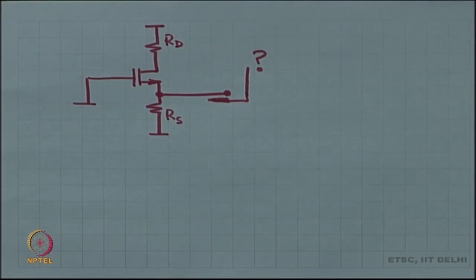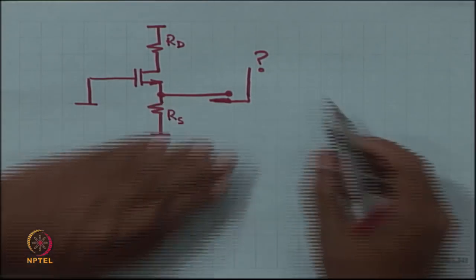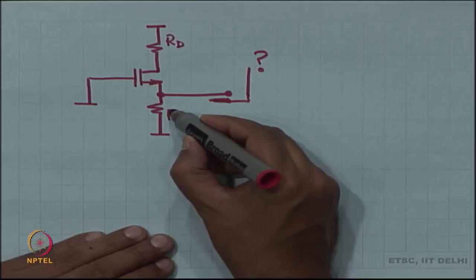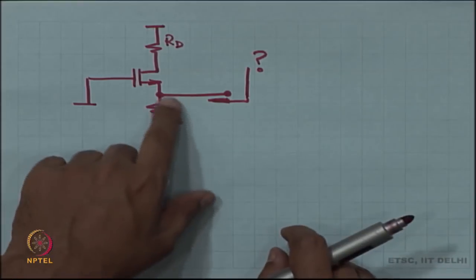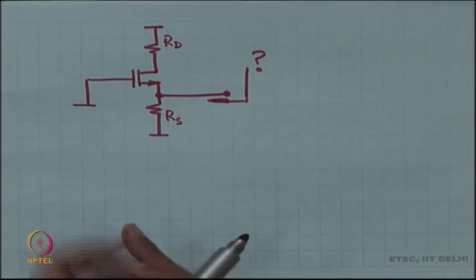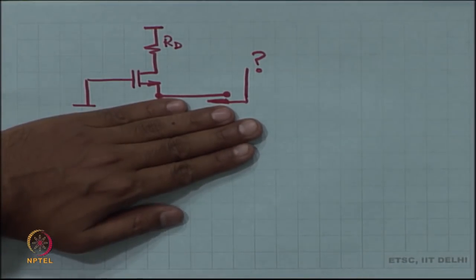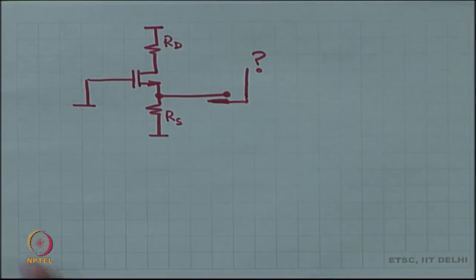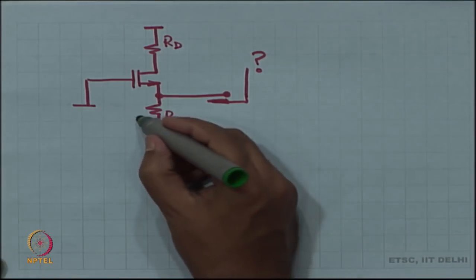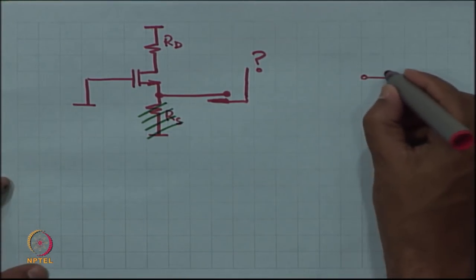Now, to do this problem, it is enough if you forget about R S. So, you look at the input impedance, you look down, you see R S, you look up, you see something else. So, the net input impedance is going to be R S in parallel with whatever you see looking up. So, it is enough if you forget about R S and just place R S in parallel at the end, right. Okay. So, let us forget about R S and let us even further simplify and do this problem.